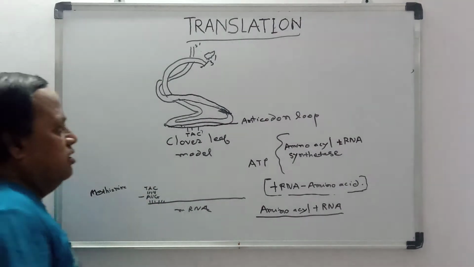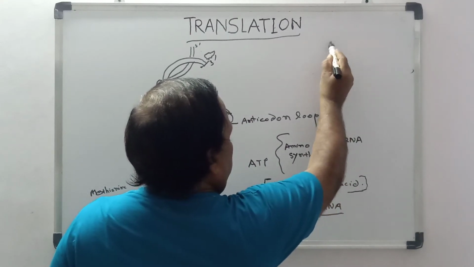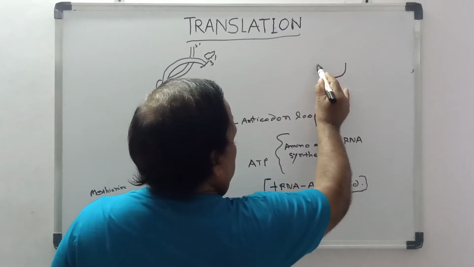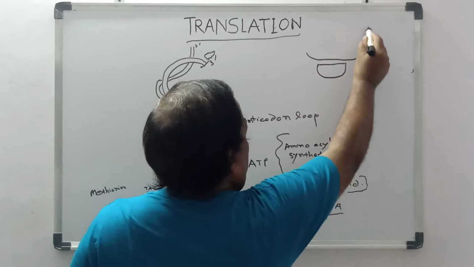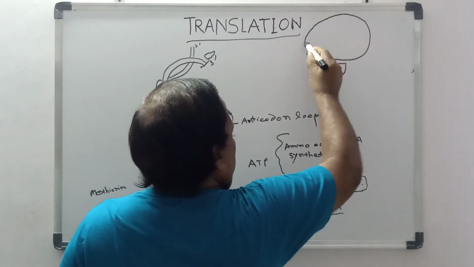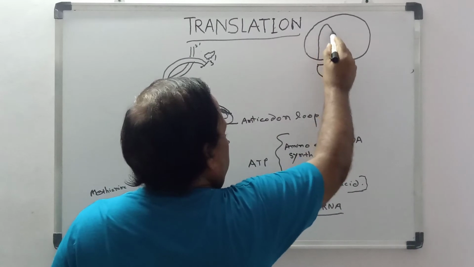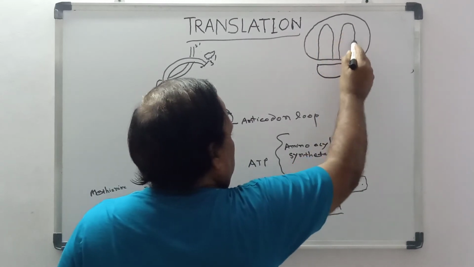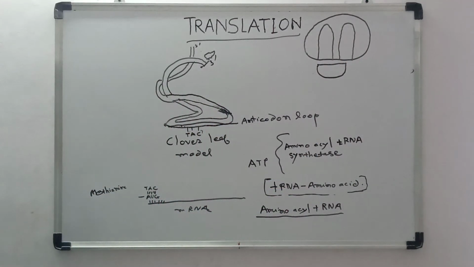Now in the ribosome, this is the small unit and this is the larger unit. There are two sites like this.